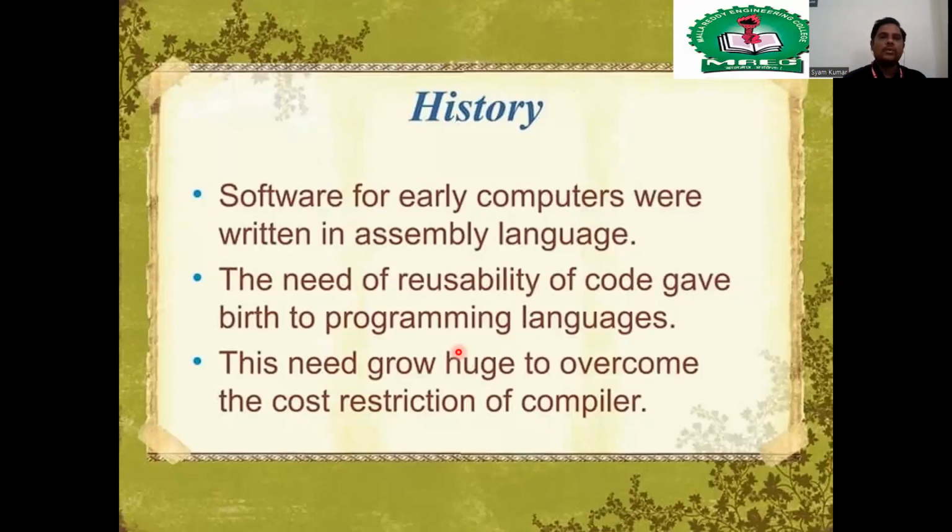Every time we are reusing the code, that's what reusability is. In Java also reusability of code is there. This need grew to overcome the cost restriction of the compiler. Every time the compiler compiles again and again. That's why reusable code is there. We can use it many times, so there is no need to compile again and again. Just one time it will be compiled. Every reusable code should be compiled automatically.